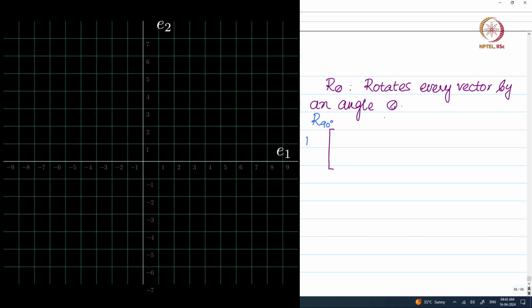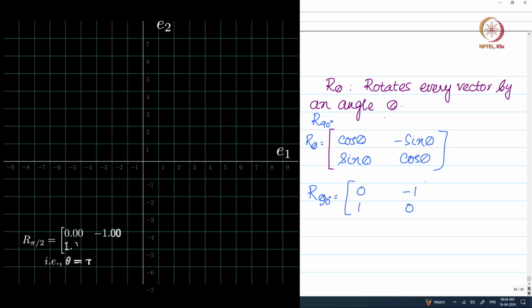We remember that R theta was cos theta, sin theta, minus sin theta, cos theta. So if you look at R theta now, theta is 90 degrees, so I am going to have 0, 1, minus 1, 0.